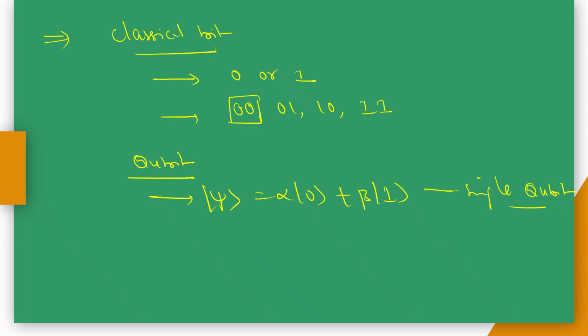Because in case of huge data, getting information or taking the output by checking all the different states is very difficult in a classical computer. That is the added advantage of superposition, because all the states are simultaneously checked and then it follows interference, and then it will give the end result, either 0 or 1.